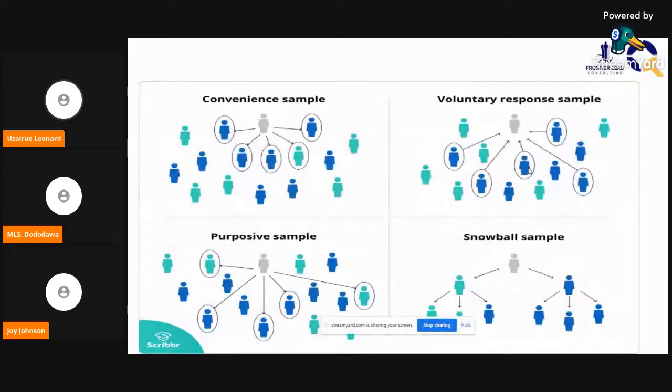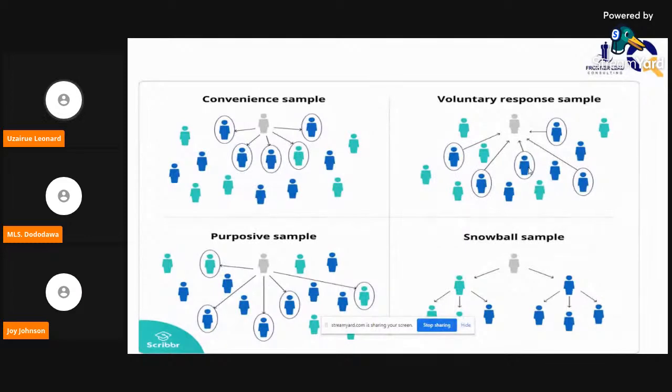When they are talking about security, they will look for someone they think, in their judgment, is an expert in that area to come and discuss the issue of security. So that is a kind of judgmental sampling. You only bring the person because you felt that the person is an expert in that area.